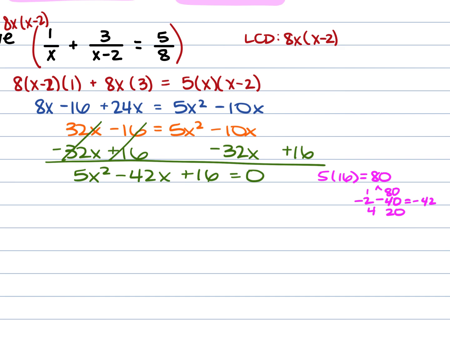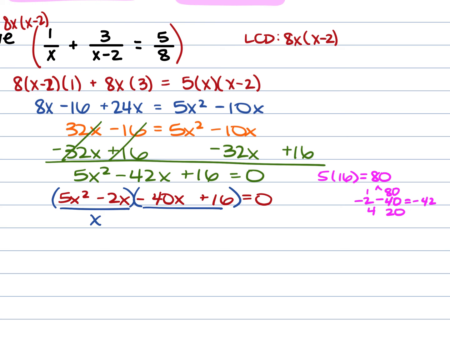So I'm going to separate this and factor it as 5x squared minus 2x minus 40x plus 16 is equal to 0. So I put parentheses around the first two, put parentheses around the last two, factor out an x from the first. For the last, we're going to factor out a negative 8.